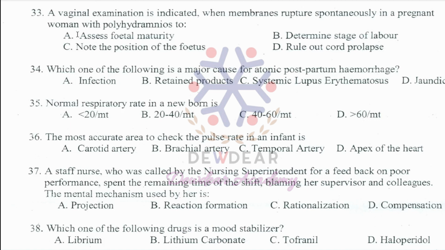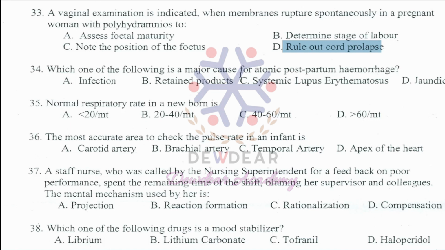Option D is the correct answer, to rule out cord prolapse. So if the membranes rupture spontaneously in a pregnant woman with polyhydramnios, the vaginal examination is indicated to rule out cord prolapse.